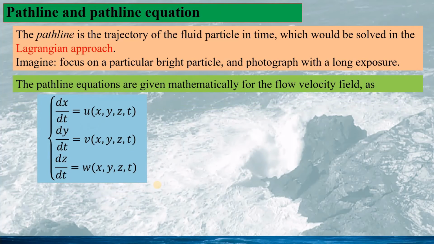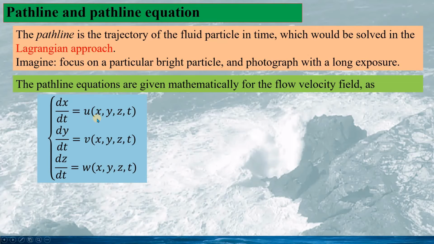The pathline equations are given mathematically for the flow field as the differentiation of the position with regard to time. dx over dt is the fluid velocity component u, dy over dt is the velocity component v, and dz over dt is the velocity component w.